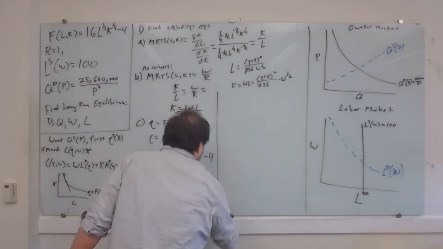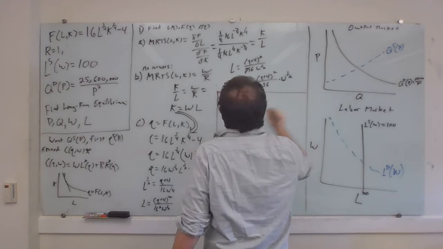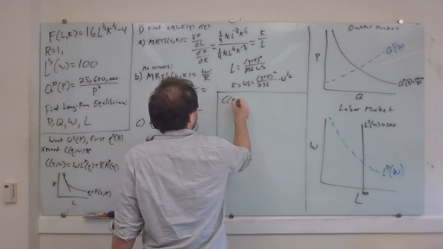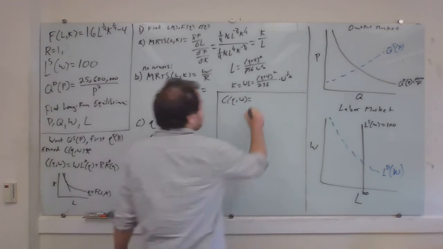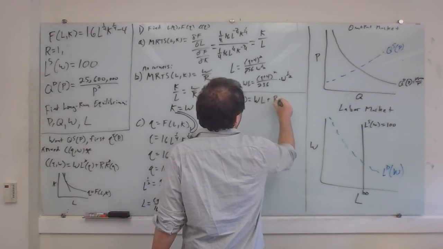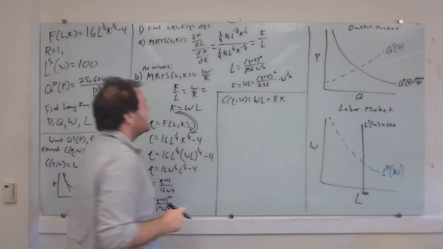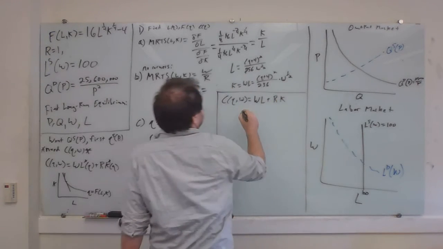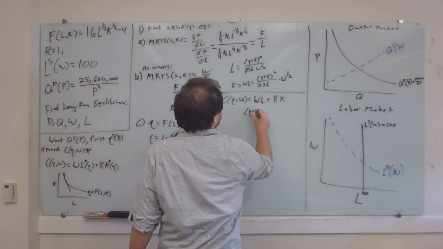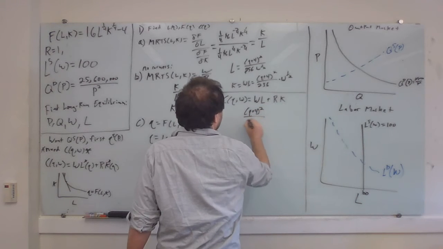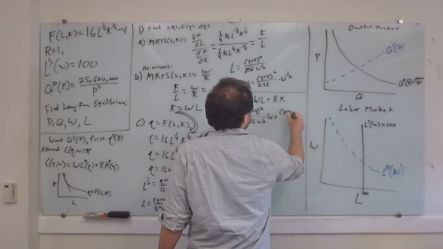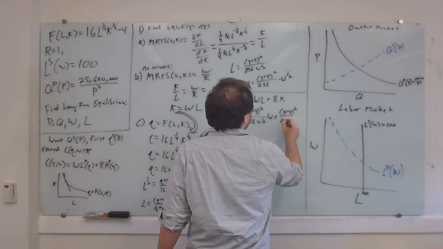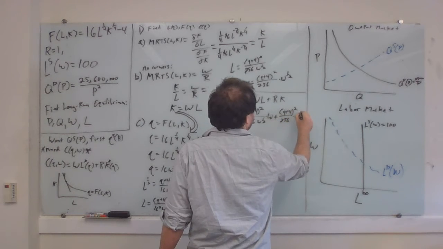Okay, great. So now that we know L and K, we can find our C as just WL plus RK. Right? So this is going to give me Q plus 4 squared over 256 W to the 1/2 times W plus Q plus 4 squared over 256 times W to the 1/2.